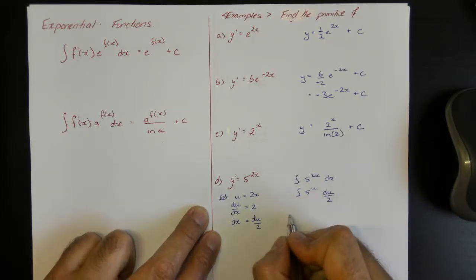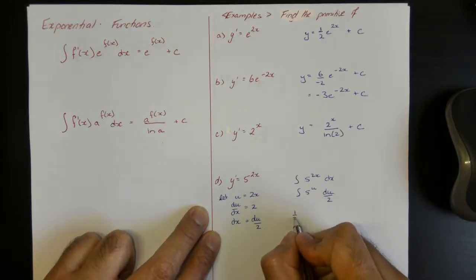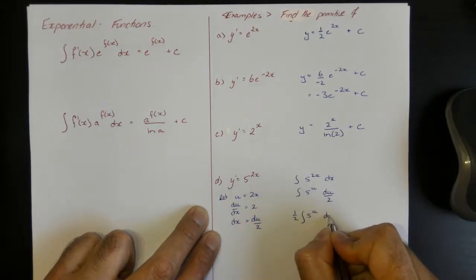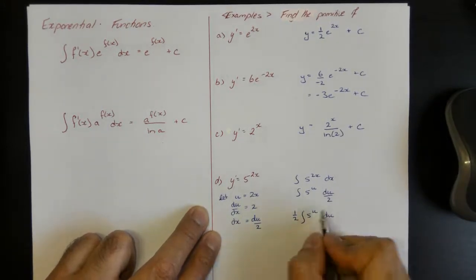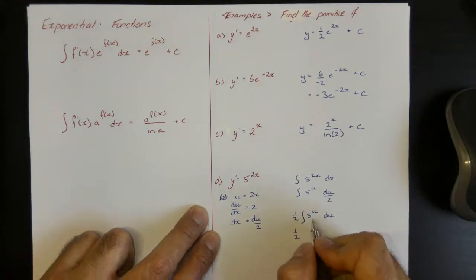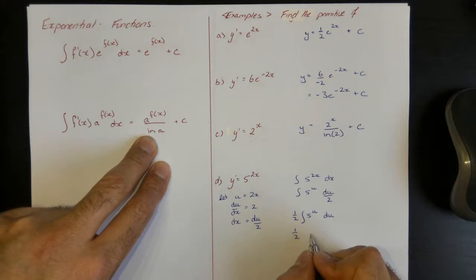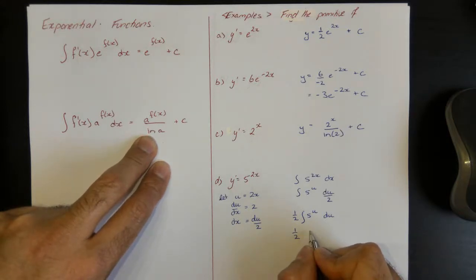Okay, so that's going to be a half of 5 to the u du, where I can just use this rule, where it's going to be 1 over log 5.